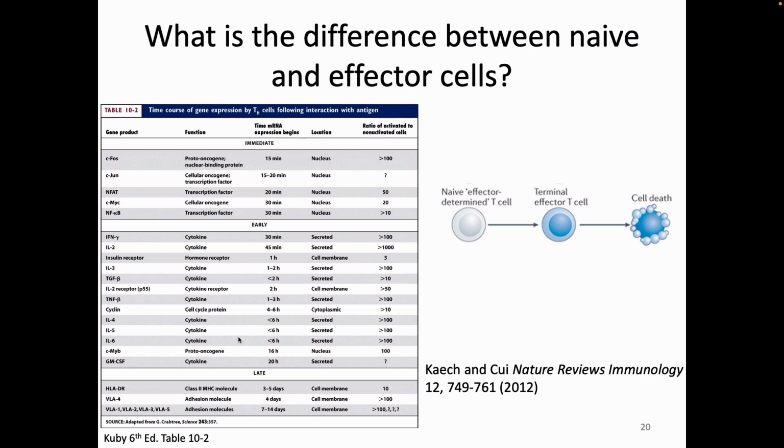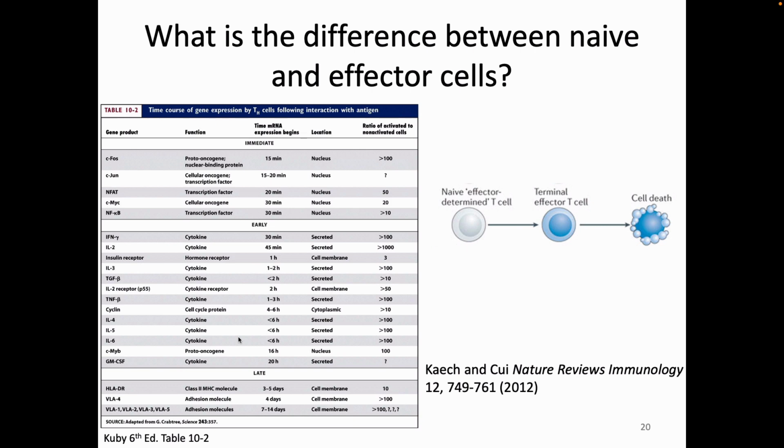One big difference between naive cells and effector cells is that they are making way more of some really important proteins for the T cell. So you can see, for example, with IL-2, an effector T cell makes 1,000 times as much IL-2 as a naive T cell. 100 times as much of that transcription factor FOS. 100 times more of many of these other cytokines.